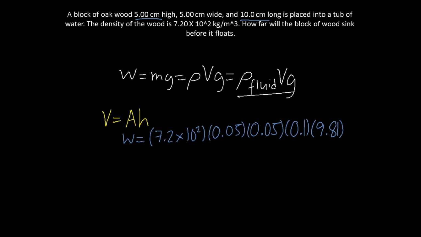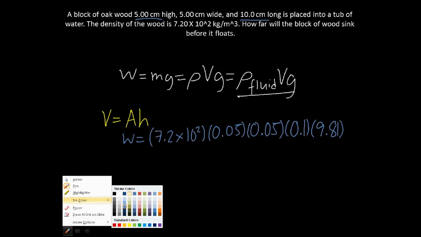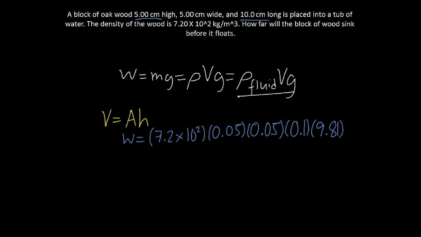The buoyant force is equal to the weight of the water displaced, and for the body to float, this buoyant force must also equal the weight of the block. To represent this in symbols, our buoyant force is equal to, by the way, this is equal to 1.76 newtons.